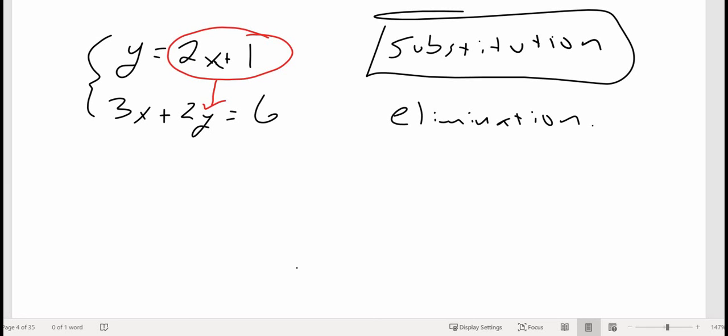So let's switch out that y for the 2x plus 1, and the advantage is now I have one equation with one variable. And I can solve that.